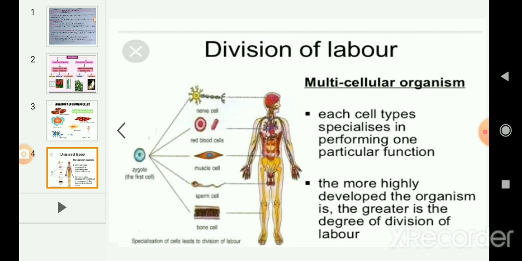What is the function of mitochondria? It generates energy. And what is the function of ribosomes? They are helpful in synthesizing proteins. Each kind of cell organelle performs a special function. Means division of labor is seen throughout our body, and even division of labor is found in each and every cell.